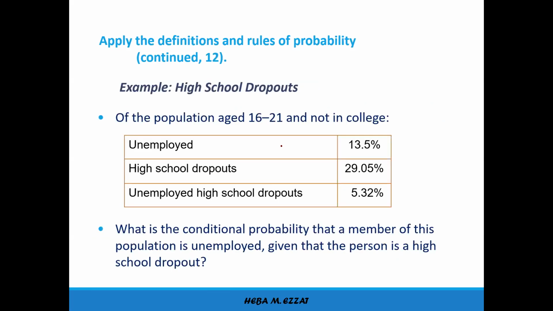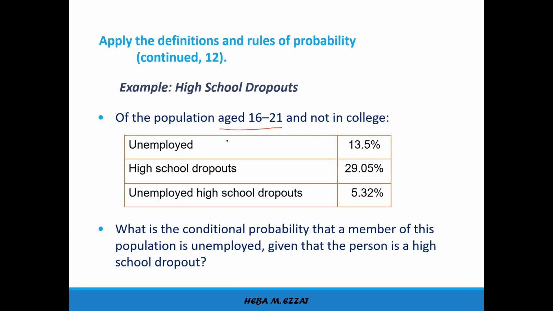So here is an example. If we have a population of people aged from 16 to 21, and they are not in college.